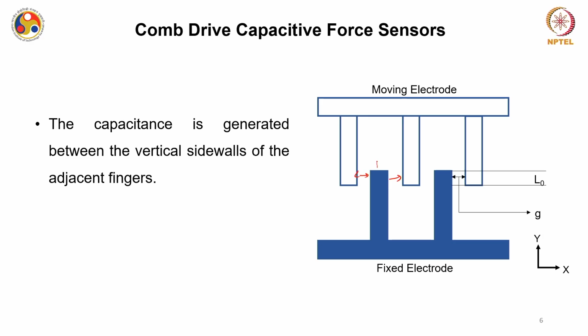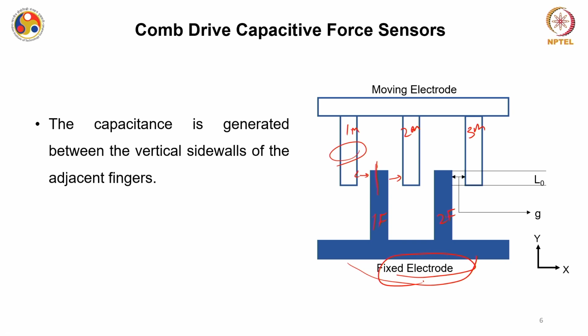So this finger of the fixed electrode comb is adjacent to this finger. I am calling it finger 1M, 2M and 3M. I am calling this 1F and 2F.